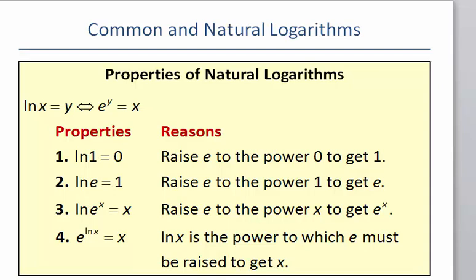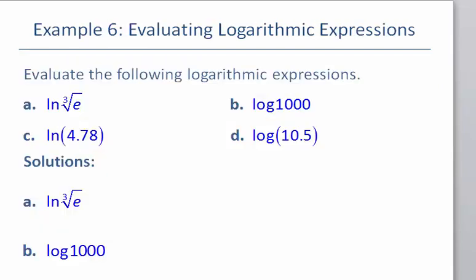So let's look at a couple of examples here. We have 4 examples that we're going to deal with. All right, so the first one says that we have the natural log of the cubed root of e. Okay, so we're going to solve this the same way we solved those earlier log equations. We are going to set it equal to x, okay? And we're also going to do a little substitution with this ln.